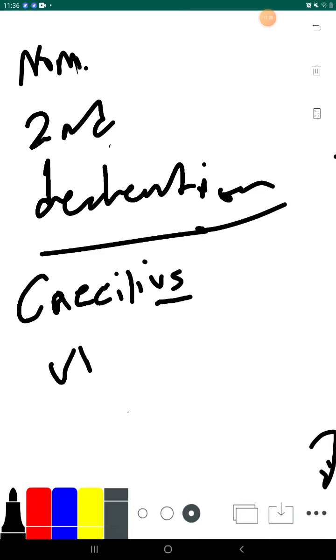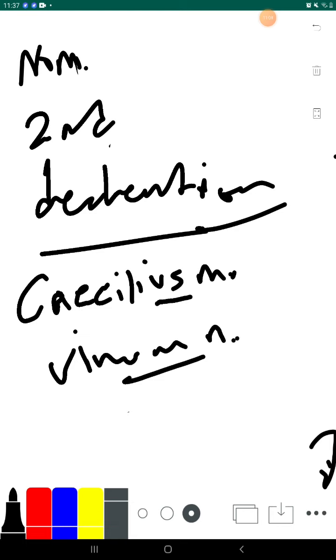Vinum is actually also third declension, and second declension, but it ends in UM. There's 2 types of second declension. This is masculine, or just M for short, and vinum is neuter, or N for short.